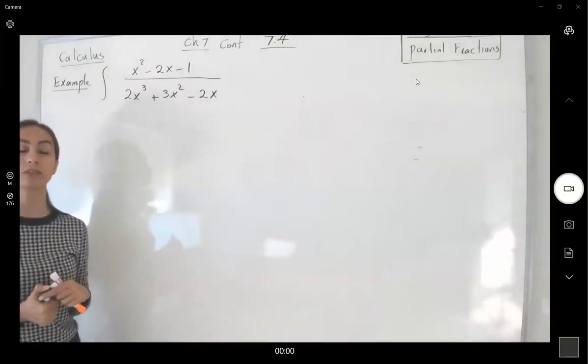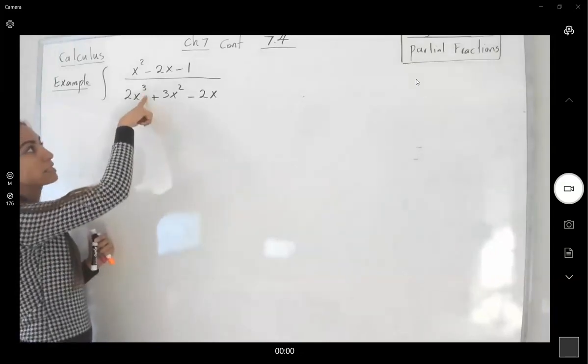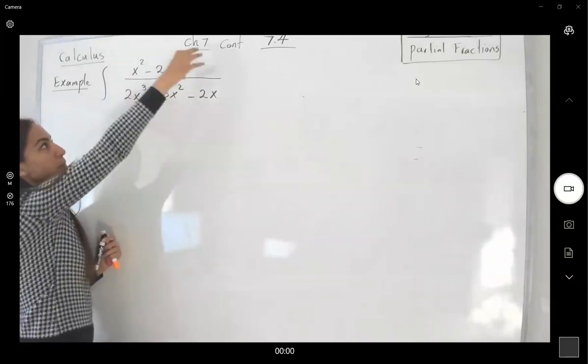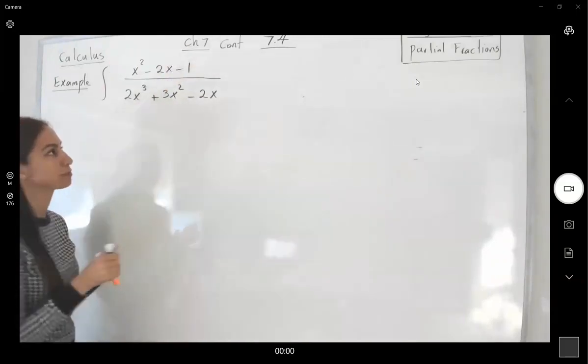So first of all, note that the power of the denominator is 3, and the power of the numerator is 2.